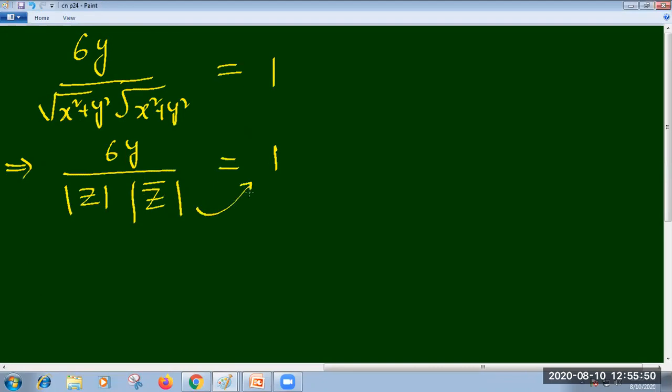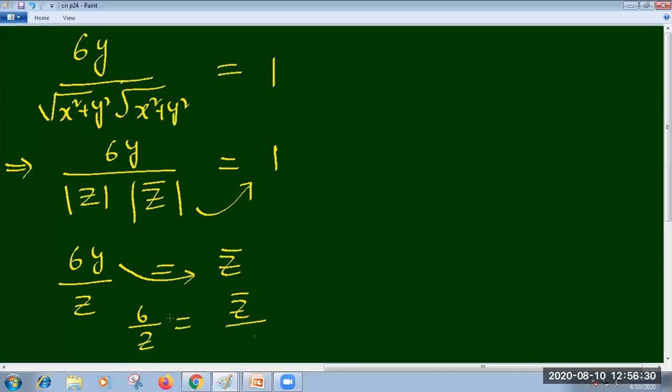So you can bring this side. This can be further written as 6y by z is equal to mod z, and further y you bring this side. 6 by z is equal to mod z by y.